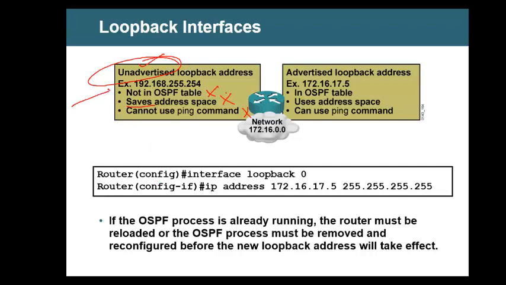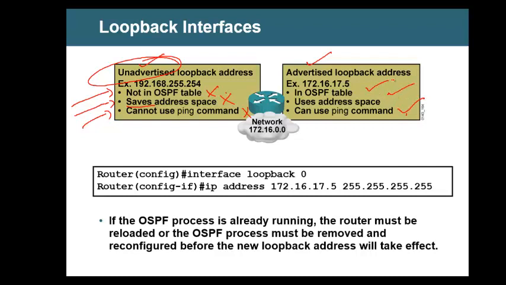It won't be consuming space because it's not under the OSPF advertisement list. It won't be pingable. It will be just the address. But if you advertise that same address that is used as a router ID, it can be pinged. It will use some space. It will be there in the OSPF table.